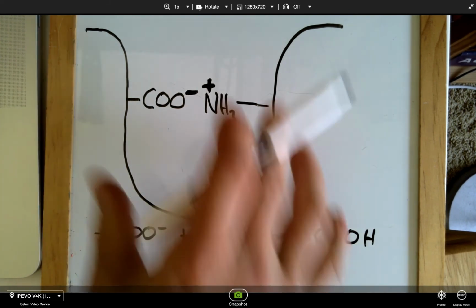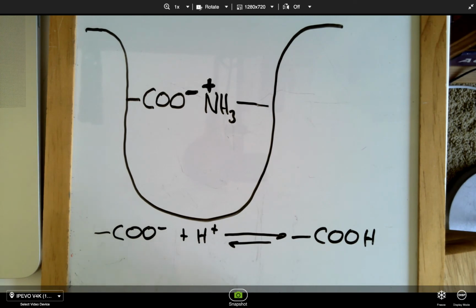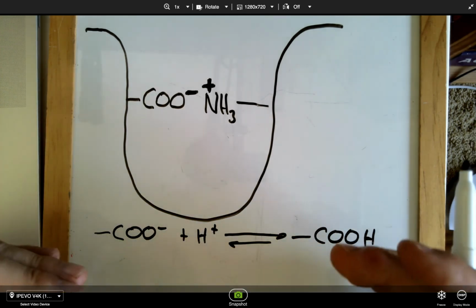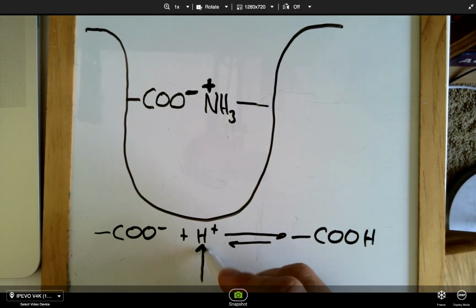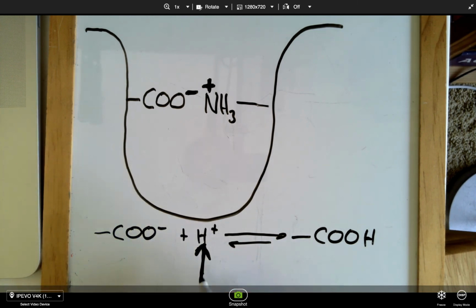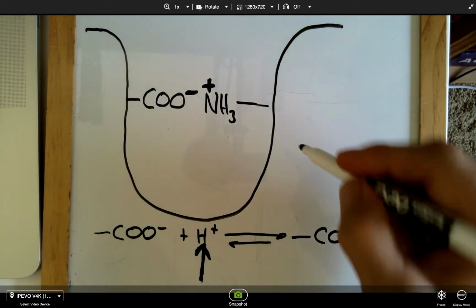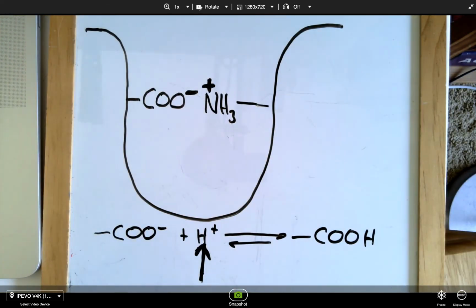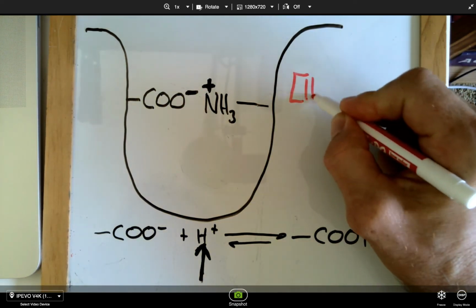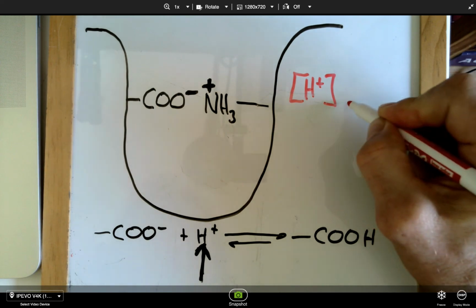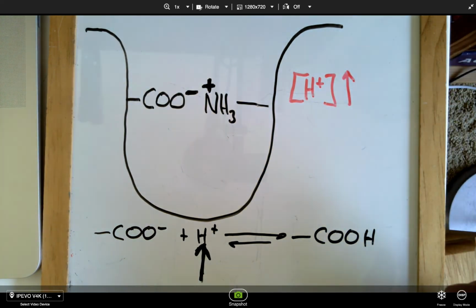This is at an equilibrium. And remember that when we have a chemical reaction at equilibrium, what happens when we increase the concentration of one of the reactants? So now let's say we are increasing the concentration of protons. Let's write that right here. So the concentration is going up.